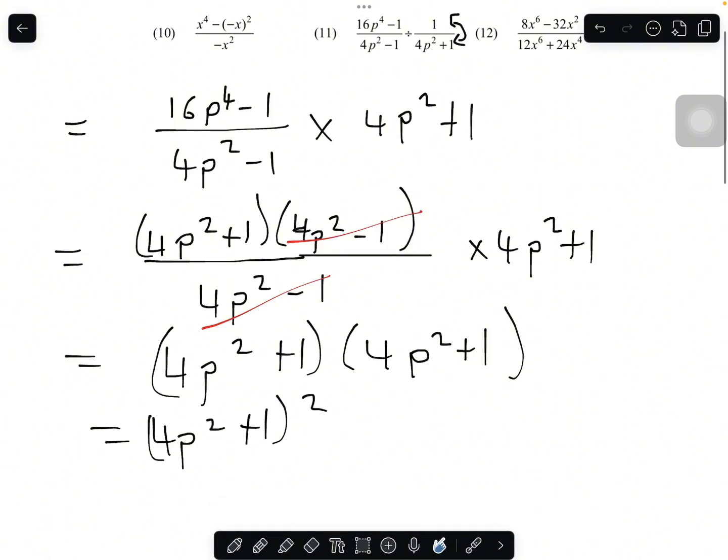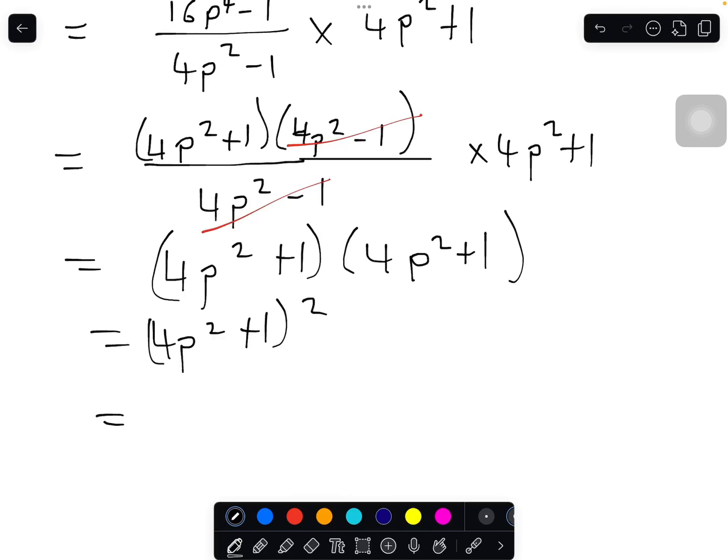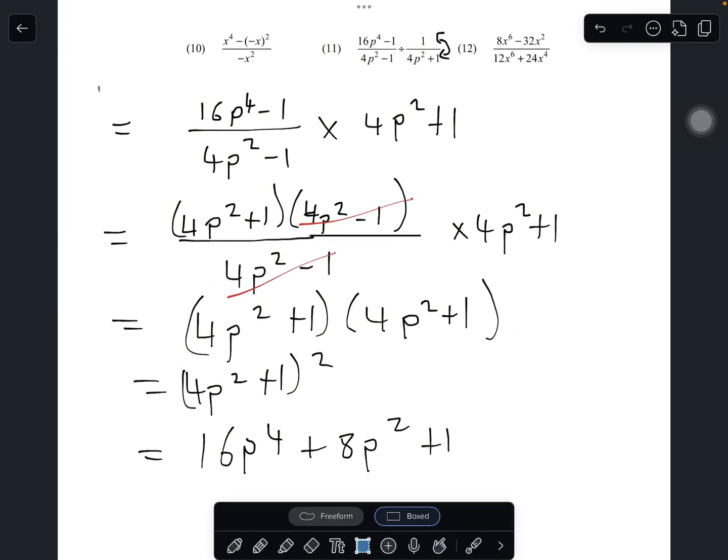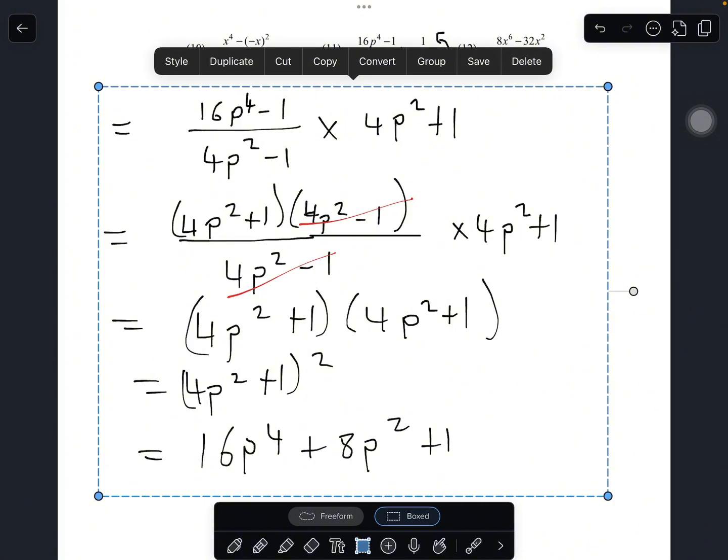If the question is to fully simplify, then we have to expand this into 16p to the power 4 plus 8p squared, and then we're going to square the last one, plus 1. I do have other videos explaining how to do this. You can check it out on the channel.